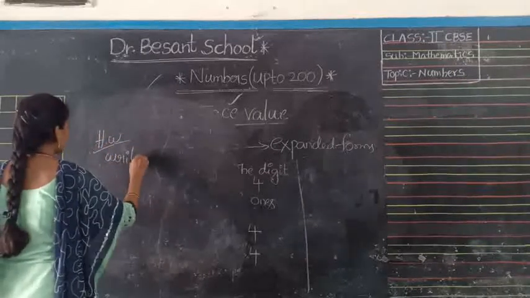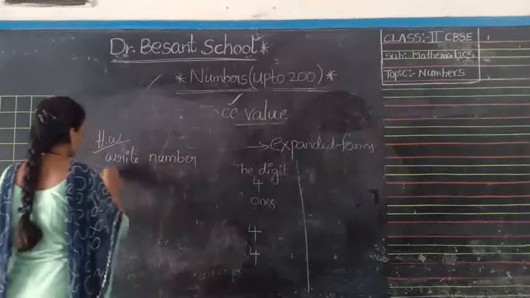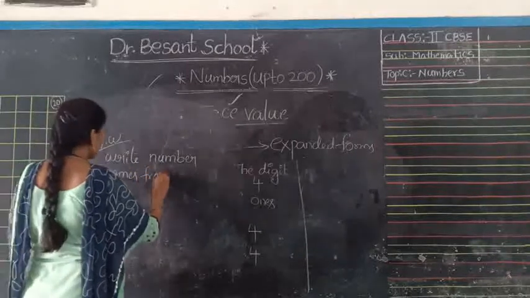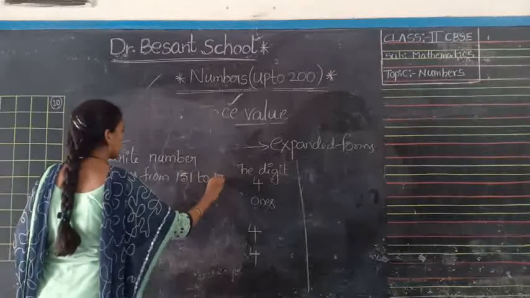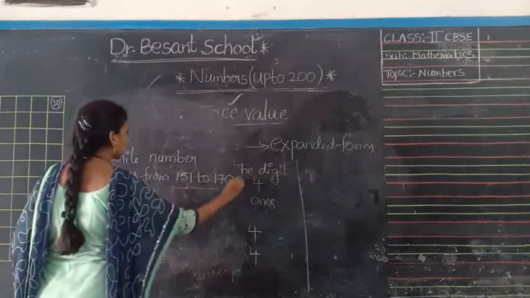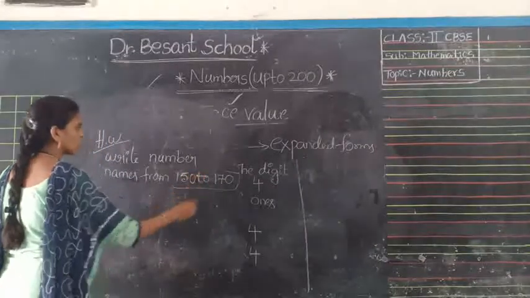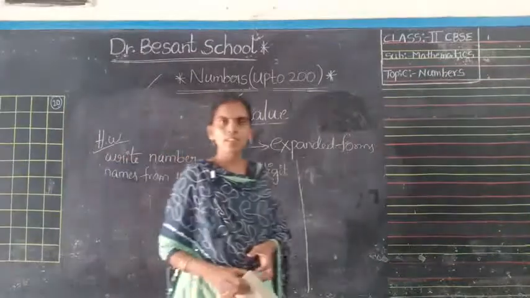Write number names from 151 to 170. Only 20 numbers I am giving here. Okay children, this is the homework for you for today's class.